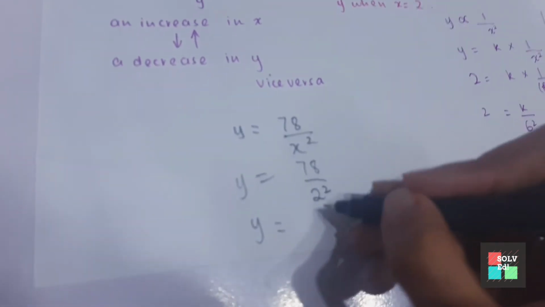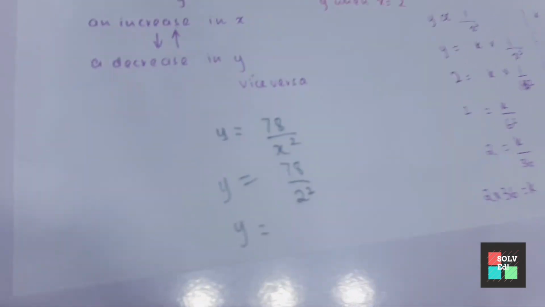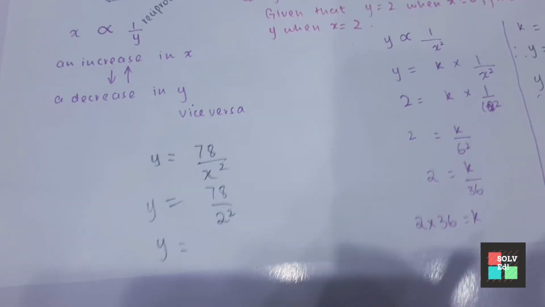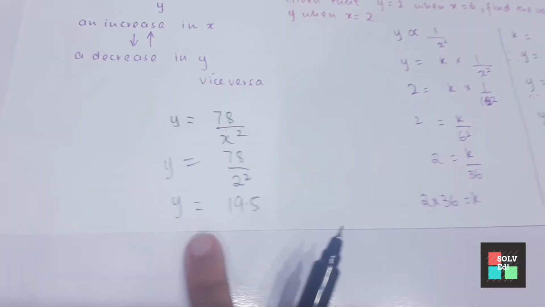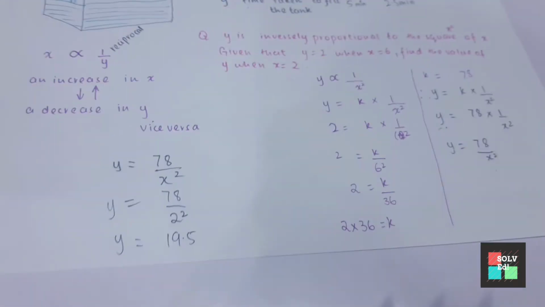So 72 over 2 squared is going to give us 18, if I'm not wrong. So that is our answer for this question.